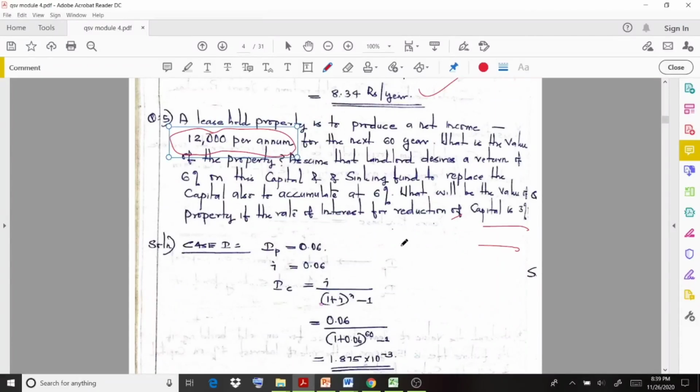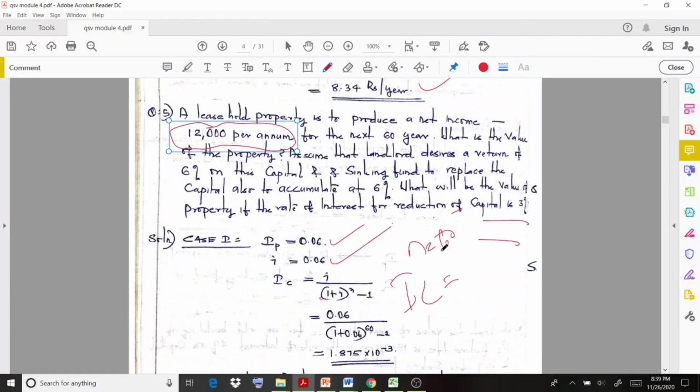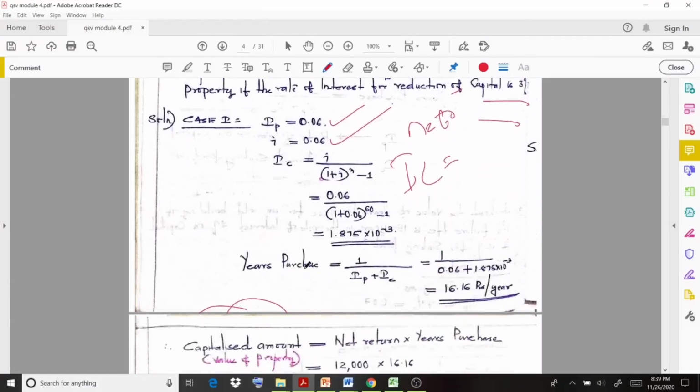So n is going to be 60, and the IP value is given as 6%, and the sinking fund rate is also 6%. If you substitute those values, you will get the IC value very clearly, and you can easily calculate the years' purchase.